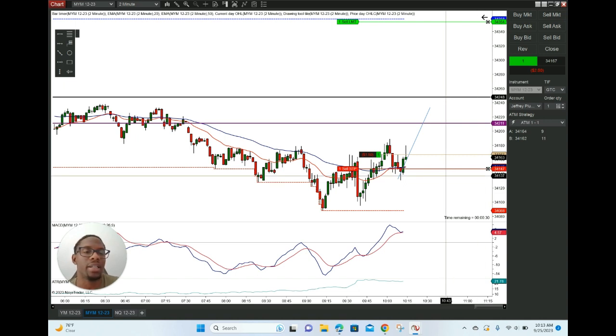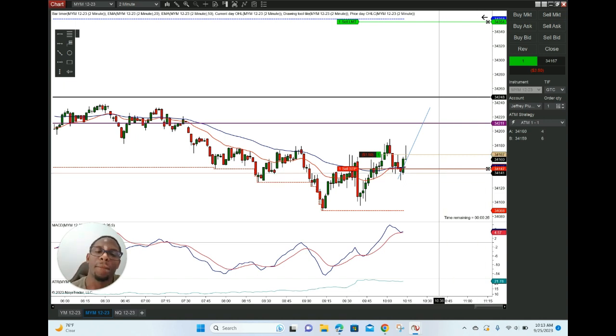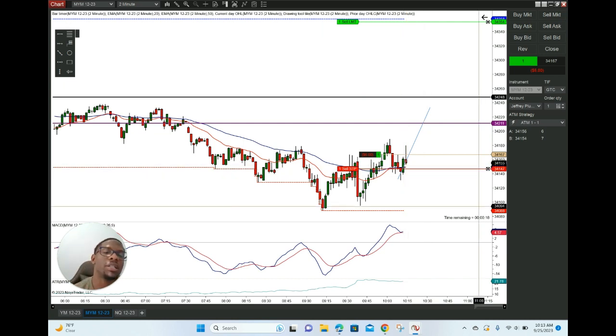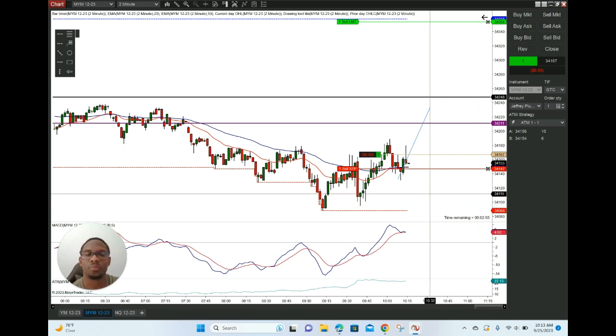Now, hypothetically, it takes me out, guys. You know, it's not 100%, but this big green bar gives me just a little bit more confidence that it possibly would start continuing upward. So let's see. Let's see if this is something that will work.